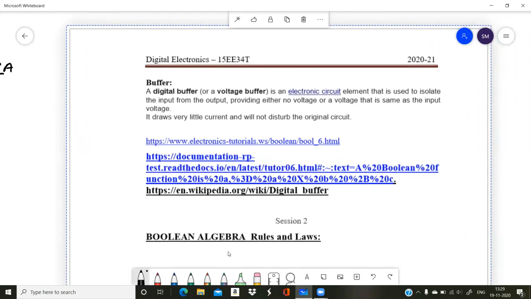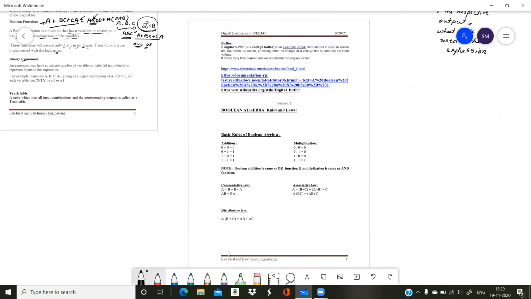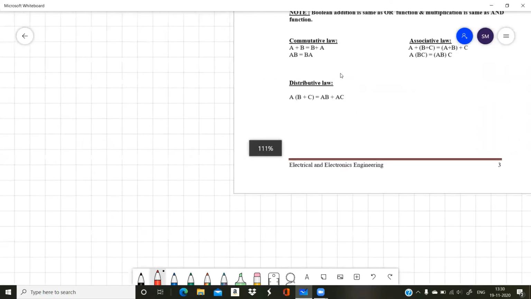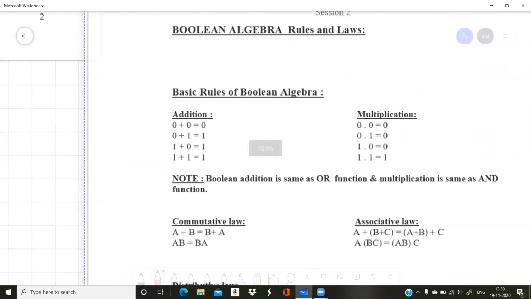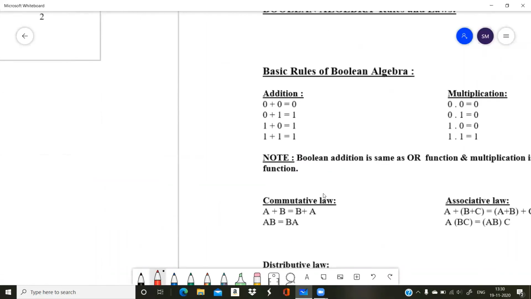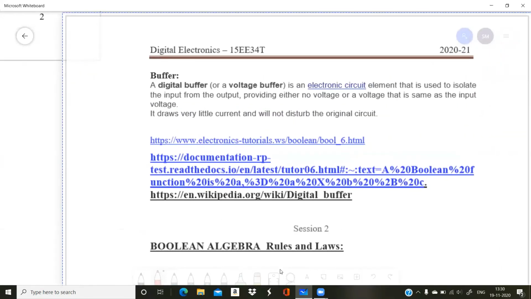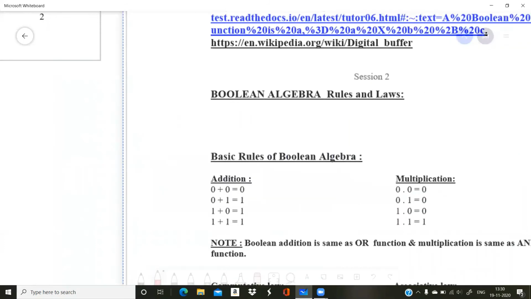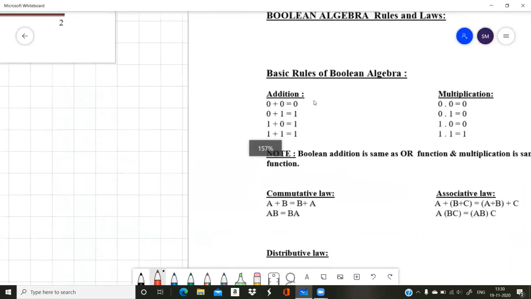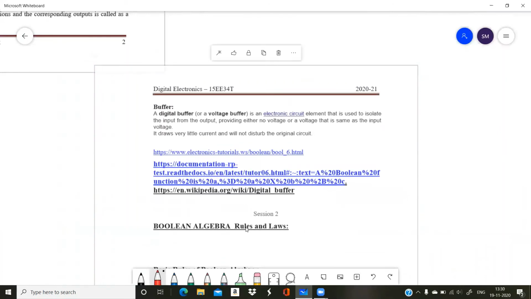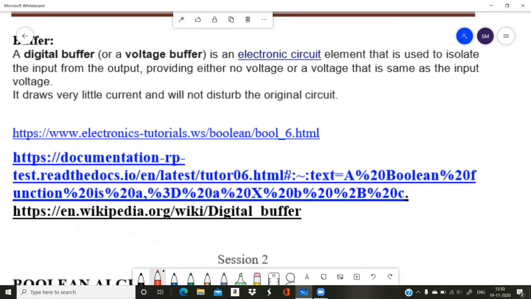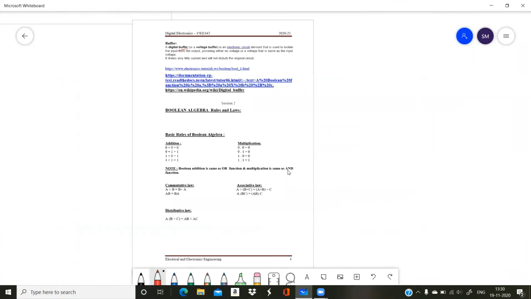It is an electronic device, an electronic circuit element which is used with any electronic circuit to isolate the input.